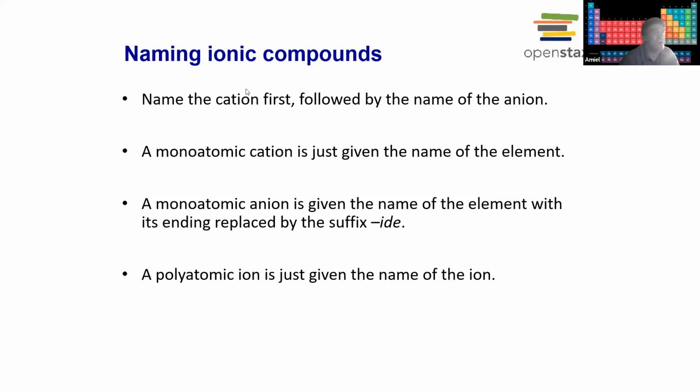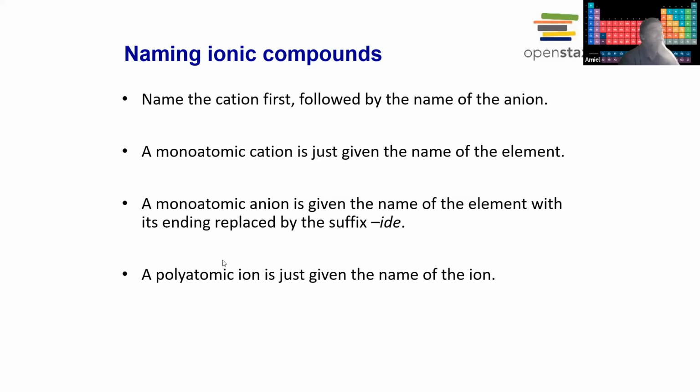The cation comes first, followed by the name of the anion. Notice that chlorine becomes chloride, sodium chloride. Notice the ide ending on the binary ionic compound. So you change the ine to the ide.